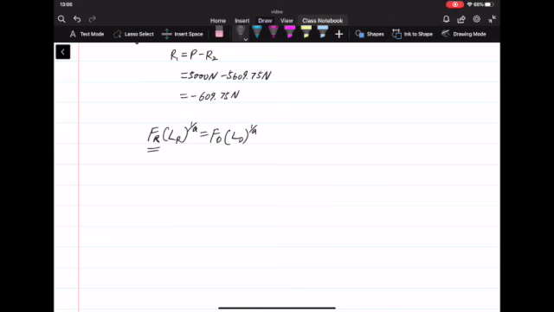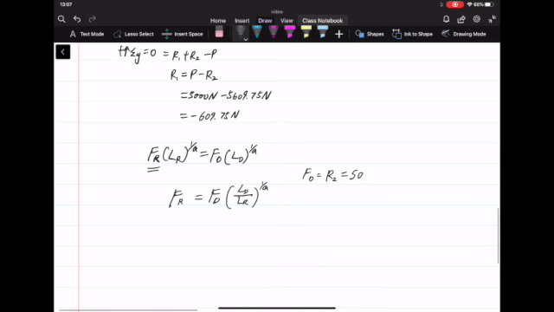That's how we select the bearings from the catalog. And FD is really R2. The reason we select R2 instead of R1 is because R2 has more load.